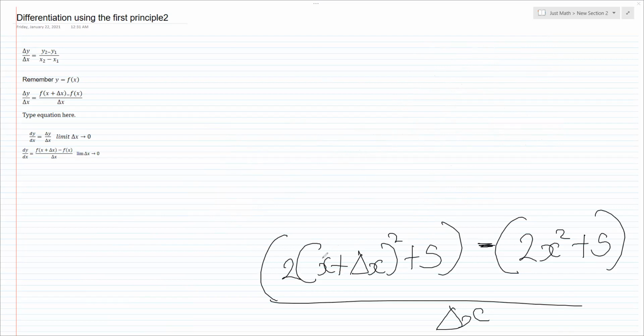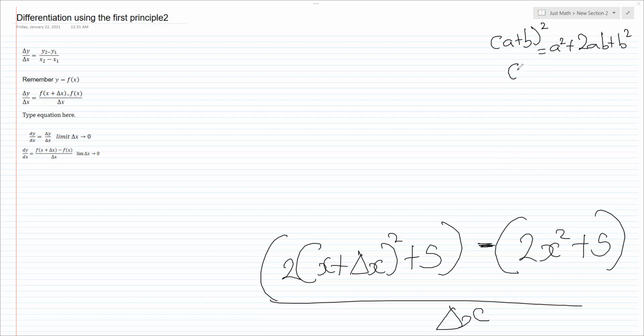Okay, so let's try to open the bracket. Let me use my normal small handwriting. Now we have x plus delta x all squared. Now to be fast about this, so we don't have to open brackets, remember, I also talked about this in a previous video. A plus b all squared will give us a squared plus 2ab plus b squared.